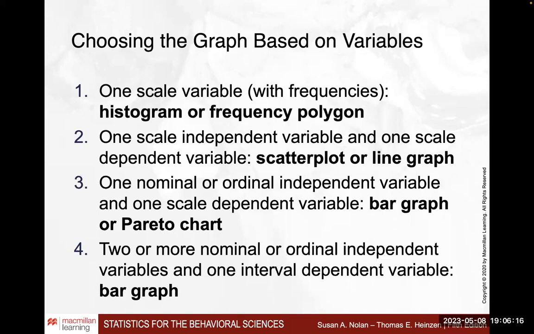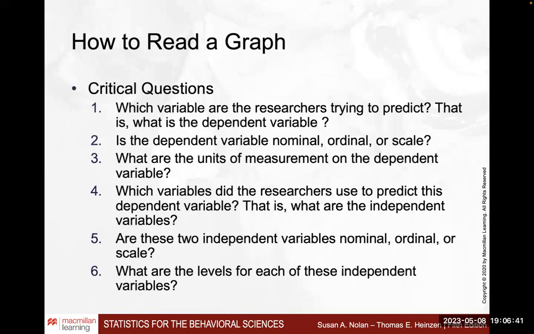If you have a nominal or ordinal independent variable, use a bar graph or a Pareto chart, which we have done with our paper cup example, if you remember. And if you have two or more nominal or ordinal independent variables and one interval dependent variable, you use a bar graph.